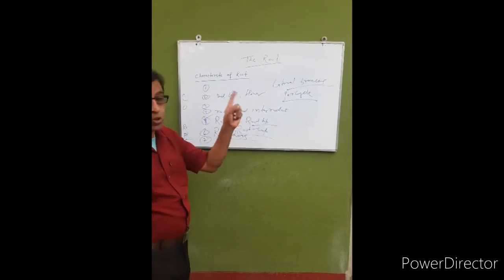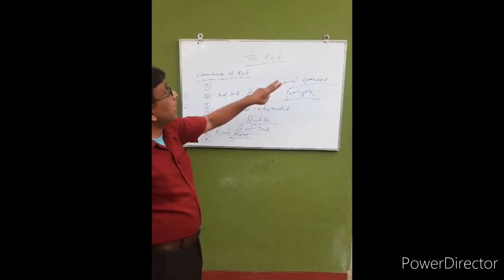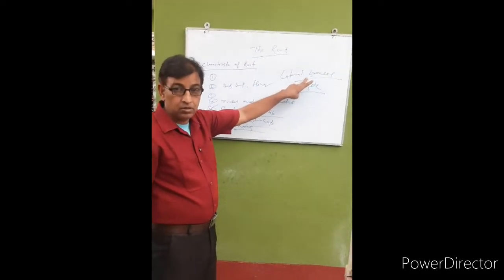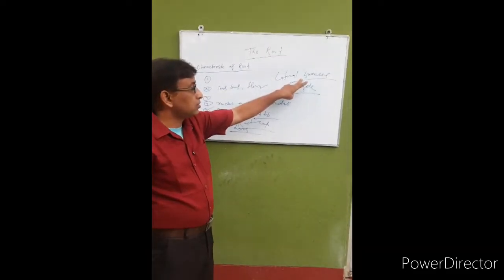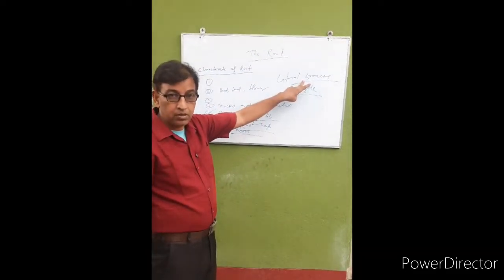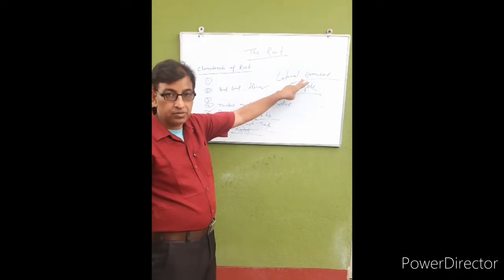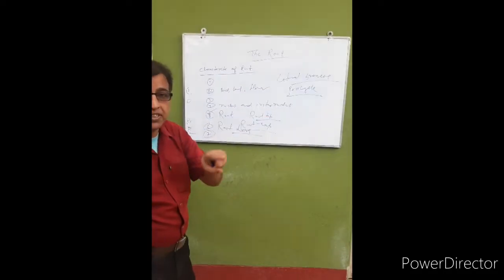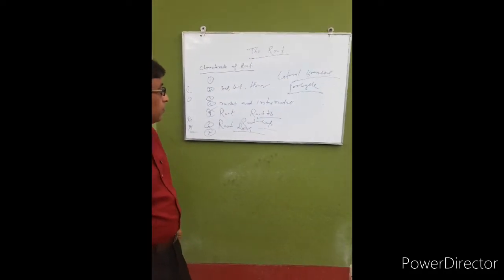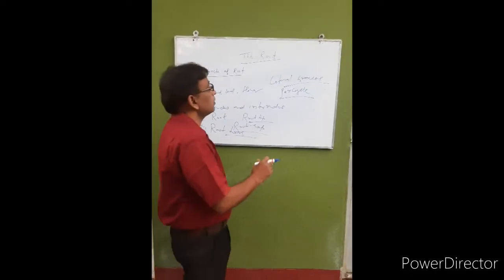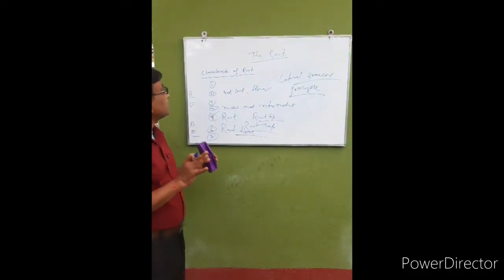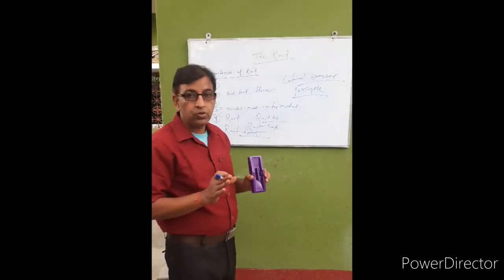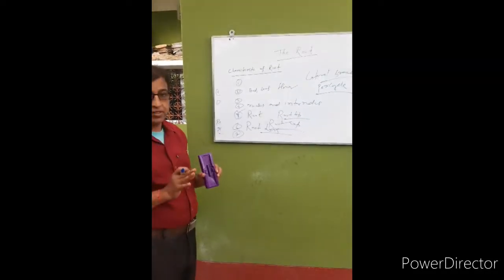This is also an important question for you: the origin point of lateral branches, also called secondary roots, is the pericycle, and so it is called endogenous in nature. These are the characteristics of root which you should know for the examinations.